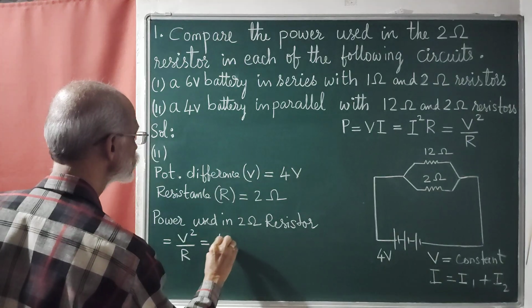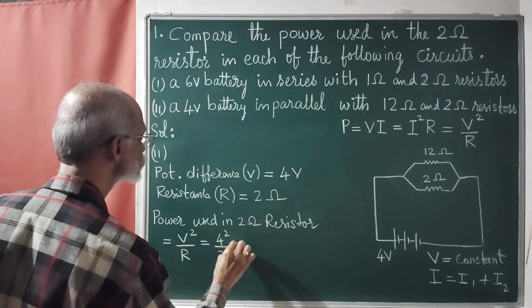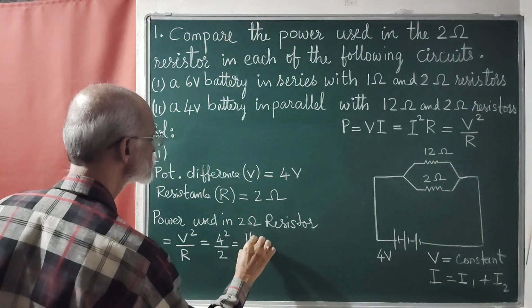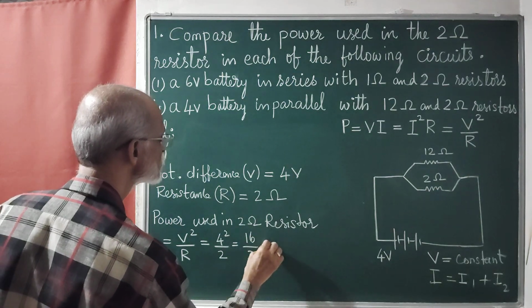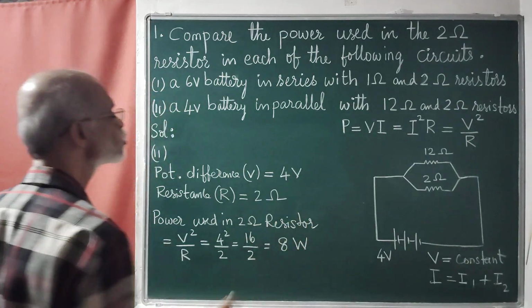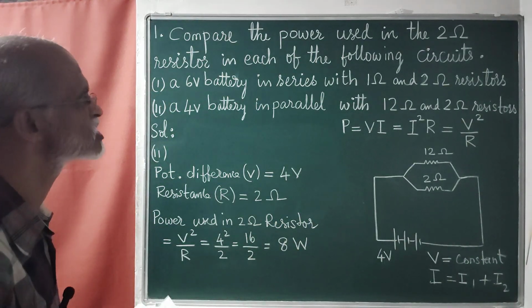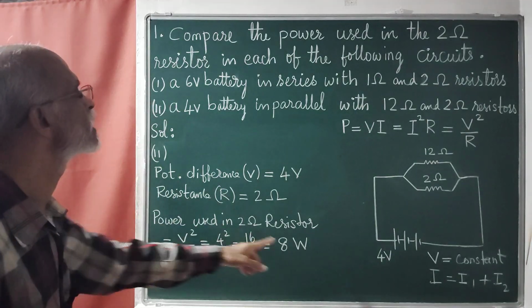V is 4. So 4 square, R is 2. 4 square is 16. 16 by 2, that is 8. 8 watts. So the power used in the 2 ohm resistor in the second circuit is also 8 watts.